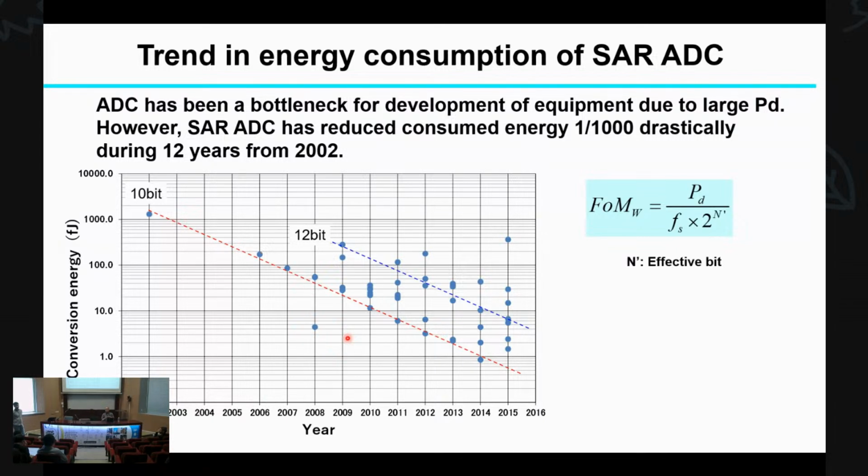Yeah, system design is very important, including the sensor, the ADC, and the DSP, and sometimes an amplifier. The combination is very important so that we can reduce the power in total.